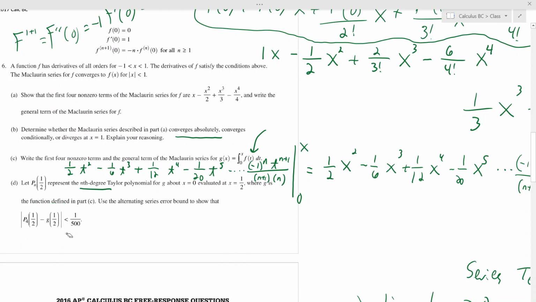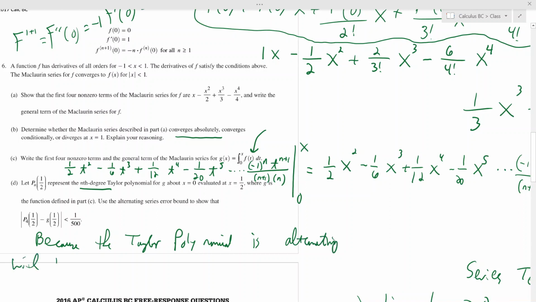Okay, thank you. And so this is the error between the 4th degree polynomial and what g of a half actually is. Okay, we've done this before, because the Taylor polynomial is alternating with terms decreasing in magnitude to 0.